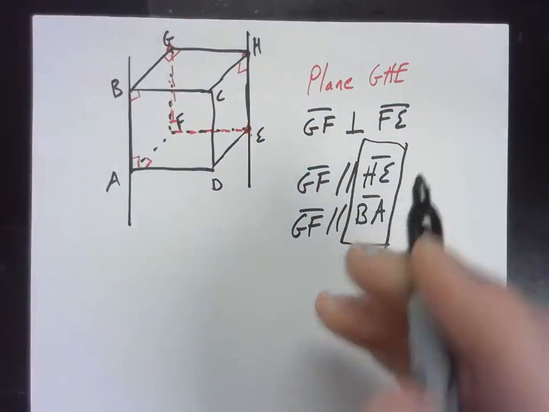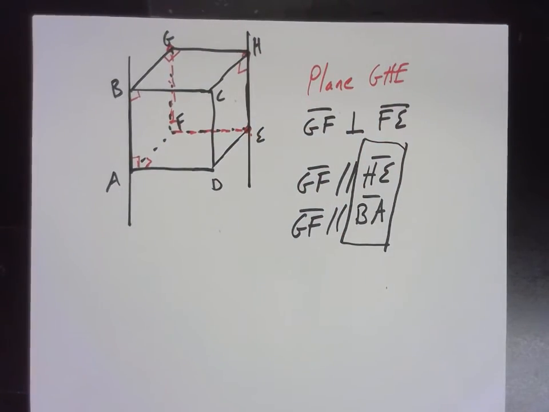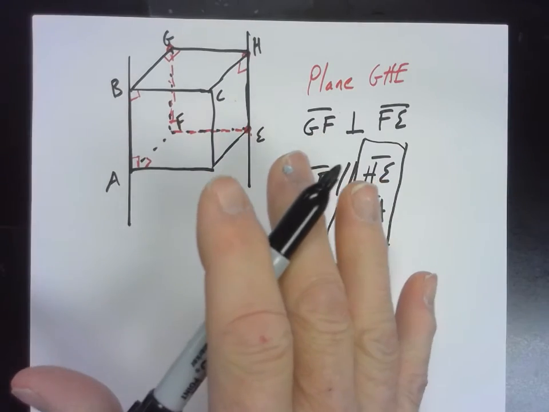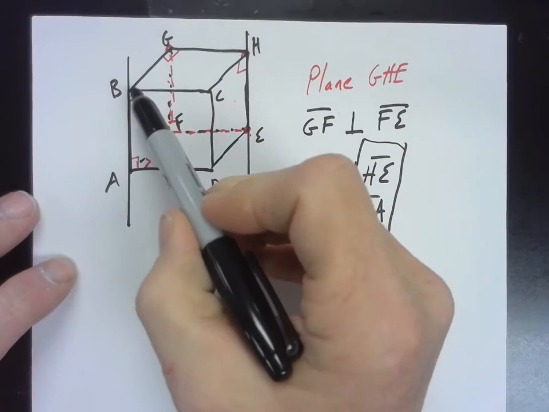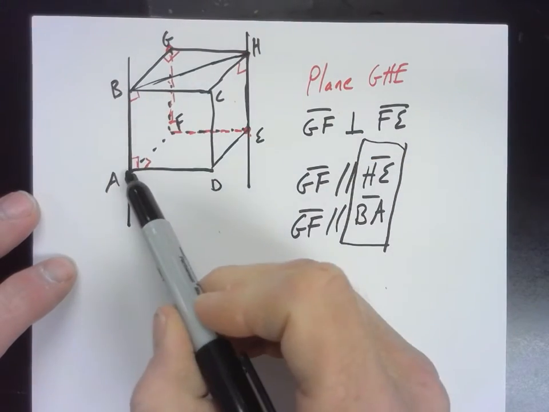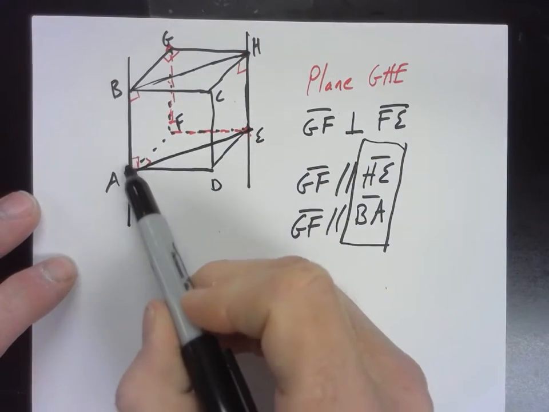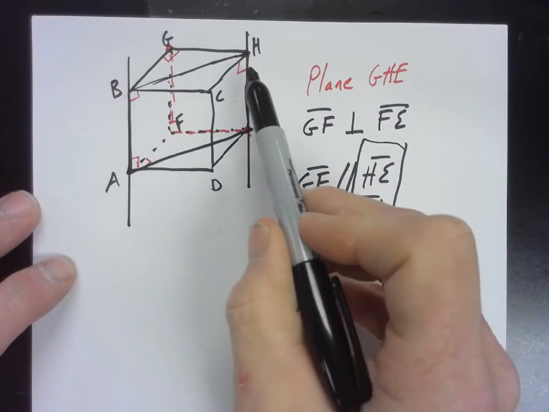Are those two parallel? Are they in the same plane? Or is there a single plane that contains both of them? Yeah, it's not drawn as part of my cube, but it's there, isn't it? Can you guys see the plane? Right here, isn't it? Okay, it's there.